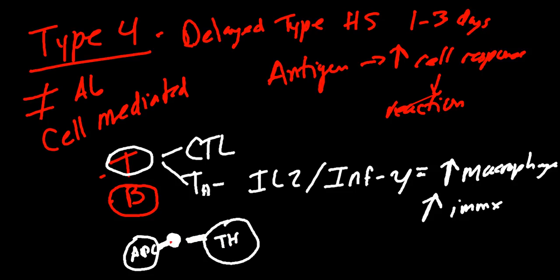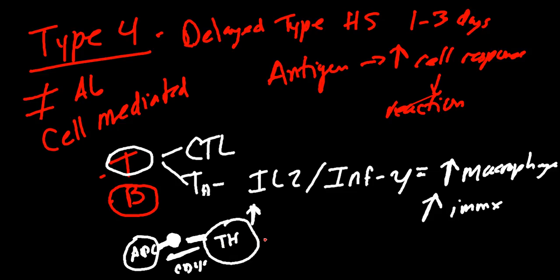So major histocompatibility 2 complex always binds with CD4. CD4 is going to be your cell surface marker for the T helper cell. So your CD4, MHC2, recognize you have some co-stimulatory molecules as well, like CD28, B7 binding. And what's going to happen is this T helper cell will activate. So now we have an increased activated T helper cell.